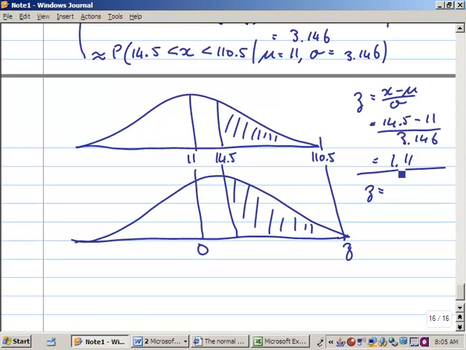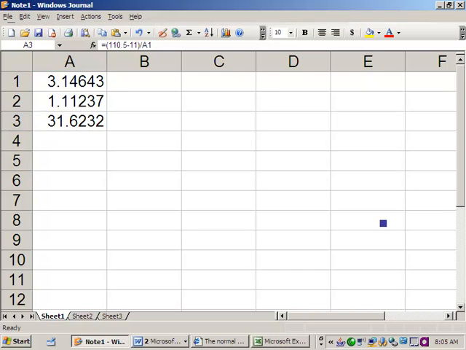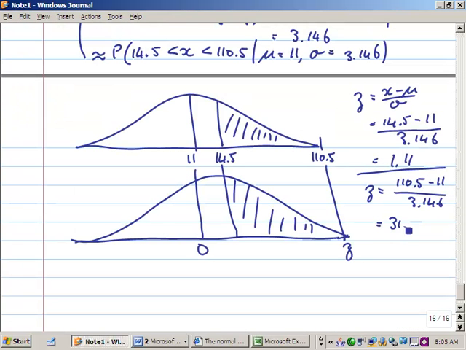And then the upper limit, skip the formula, it's 110.5 minus 11 divided by the standard deviation, and that's going to be so far out there, it's going to be off the chart, 31.62. Lower limit 1.11, upper limit 31.62.